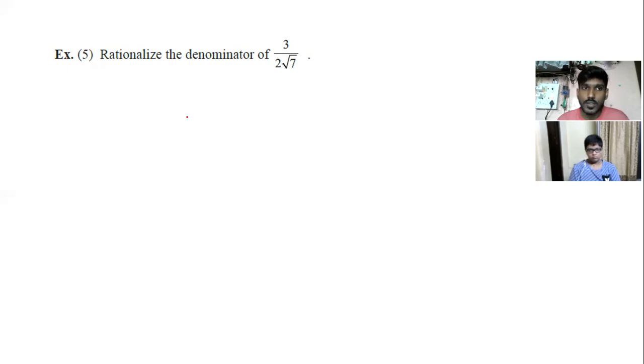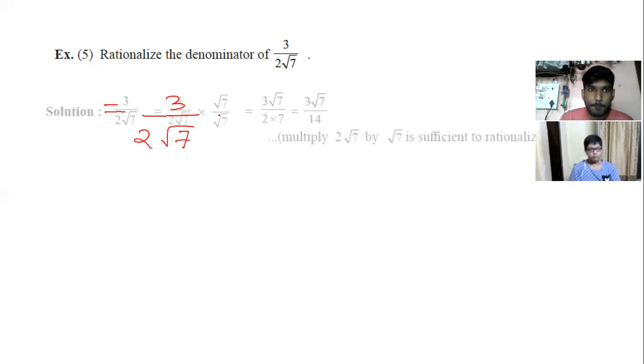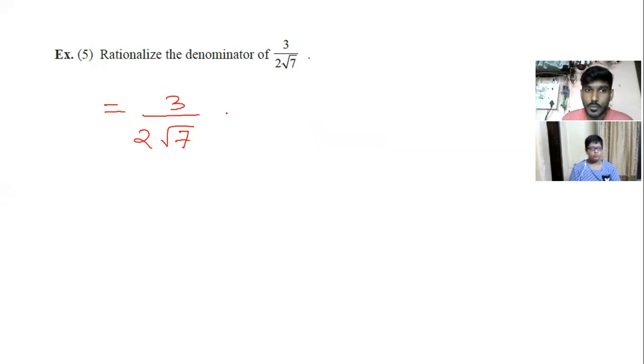Okay. Look at the next one, rationalizing the denominator 3 upon 2 root 7. You have to do the exact same thing. Now multiply it with only the third, in the numerator and the denominator.